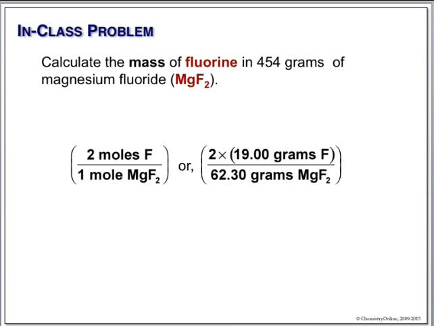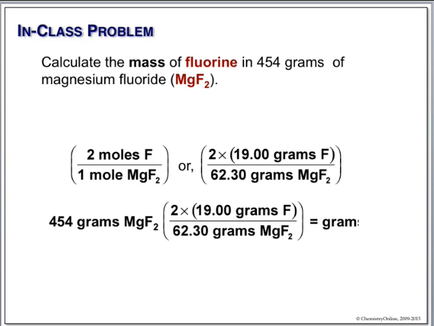That's 38 grams of every 62. So here's our given. Here's our ratio. Magnesium fluoride cancels, and we're left with fluorine. We have, in our sample, 276 grams of fluorine.